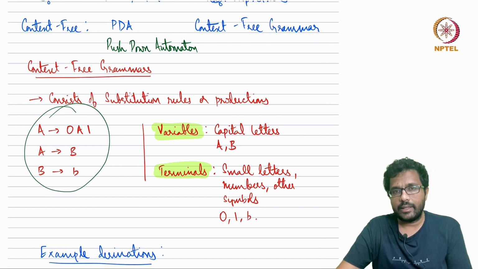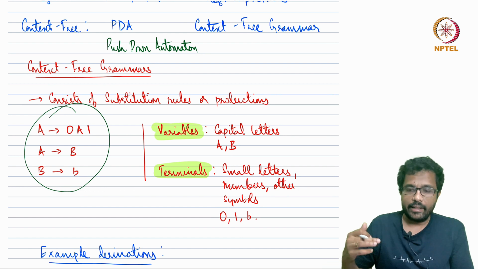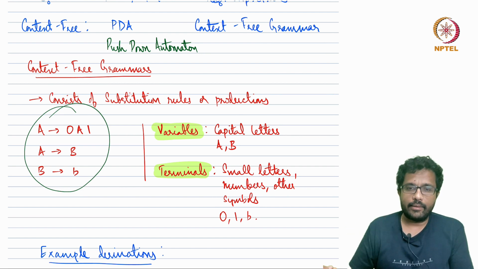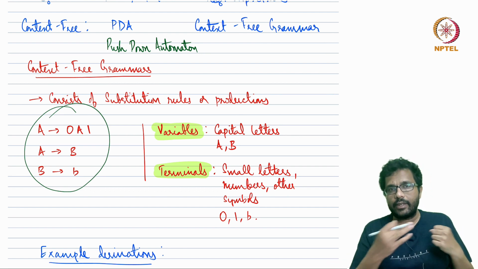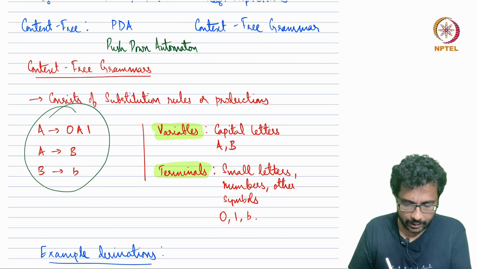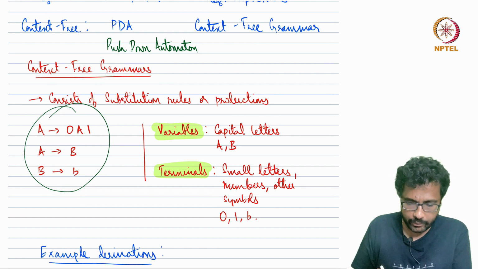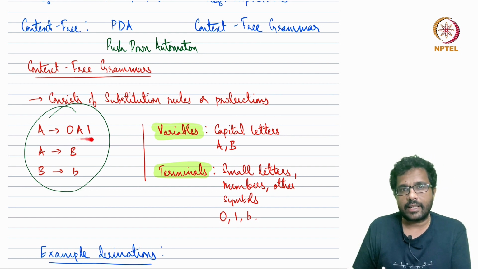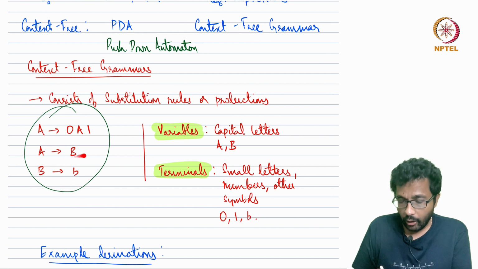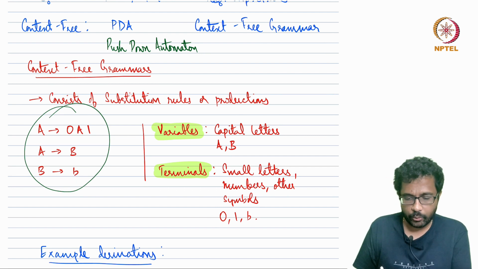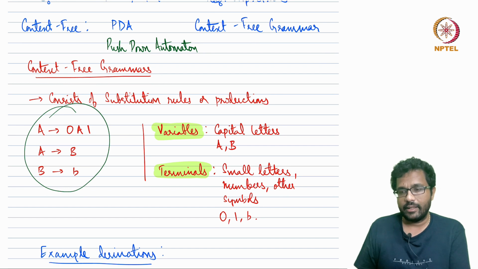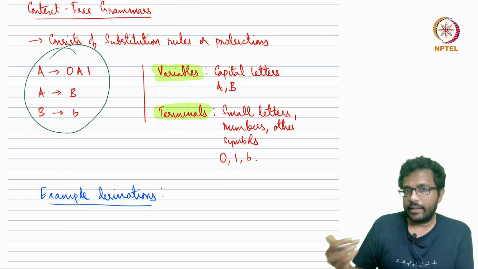Terminals cannot be further substituted with other things, whereas variables have ways to substitute them. Here capital A is a variable with 2 different ways to substitute it: you could replace A with 0A1, or you can replace A with B. Whereas once you have small b, or you have 0 or 1, you cannot replace them with anything else. So a variable needs to be replaced until you get only terminals.